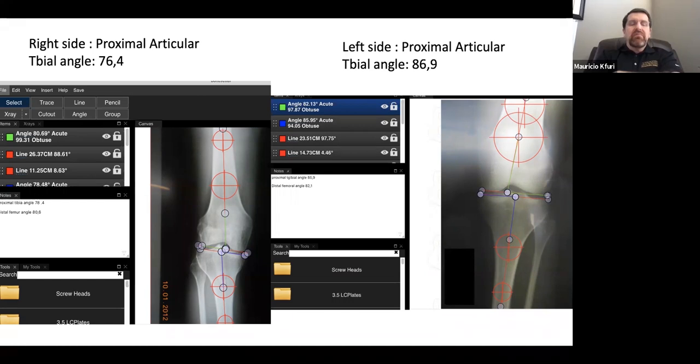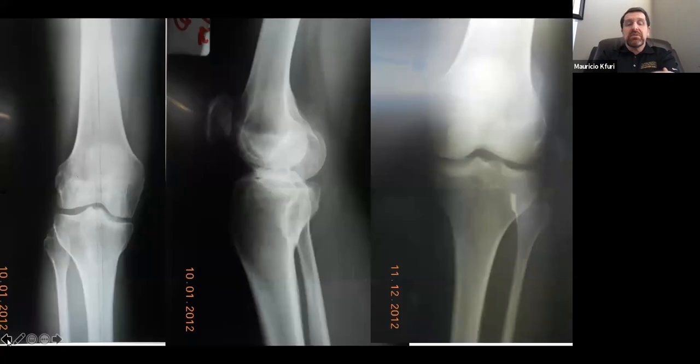Thanks, Michael. Basically, in this case, we have to address the MPTA, which is abnormal. But if you look at the pictures that were presented before, it's clear that this is a joint that looks very normal on the lateral compartment, and you'll see an inclination in the medial compartment.